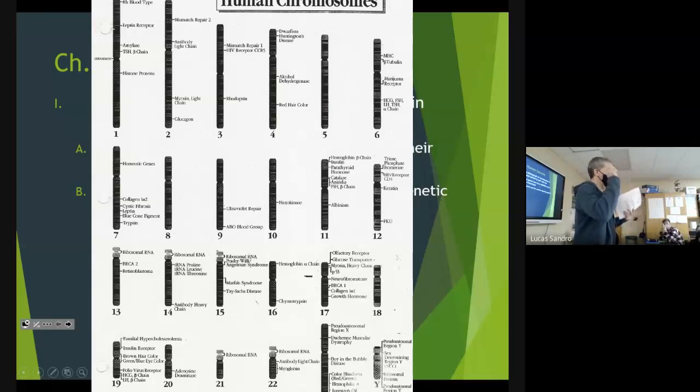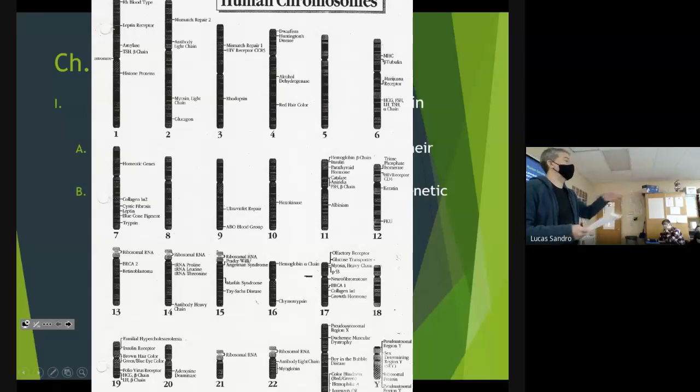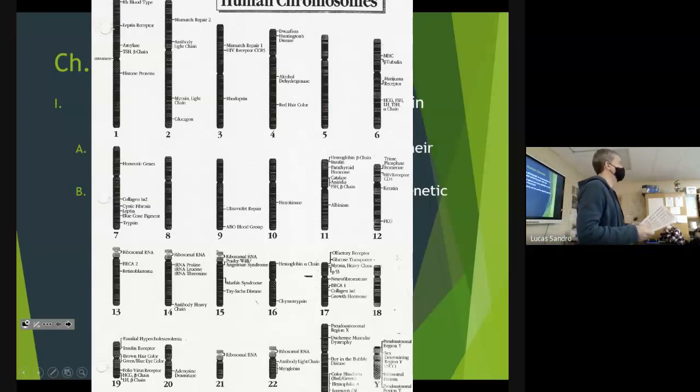Rods and cones are the light receptors in your eye. So there's a couple listed, not all of them. My question was, would it be different for someone who's vision impaired? Absolutely. Or someone who's blind? Depends on the type of blindness, the type of vision impairment. Color blindness for sure. There's a very simple genetic mechanism. How you see color, right?